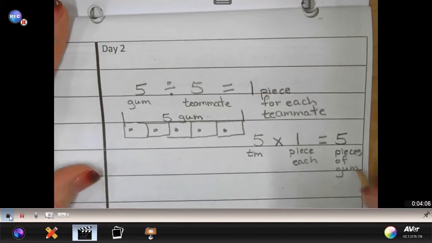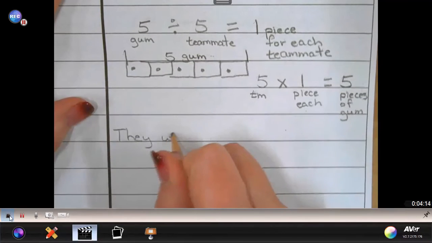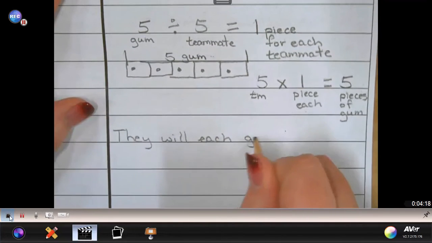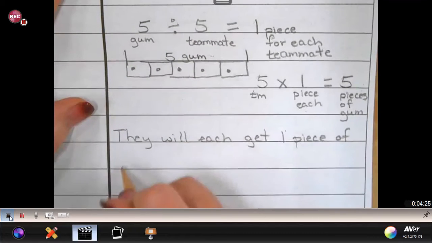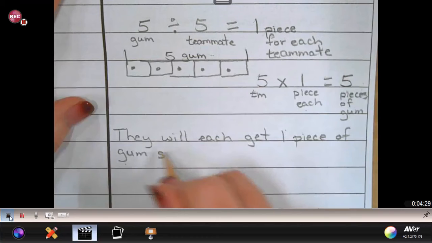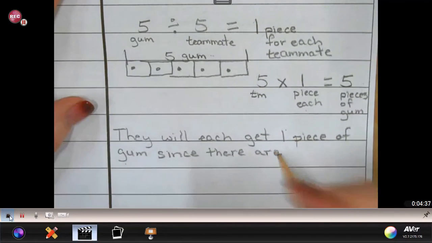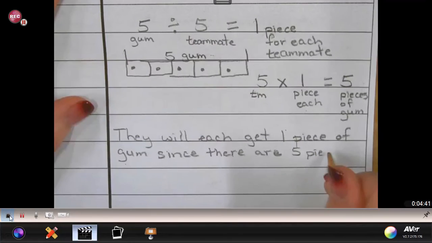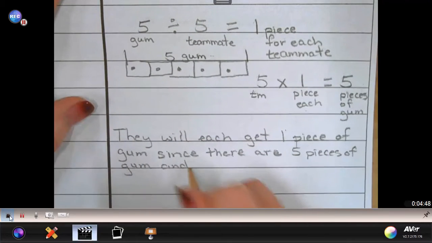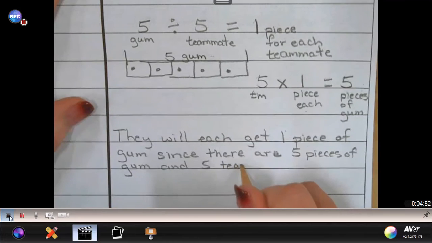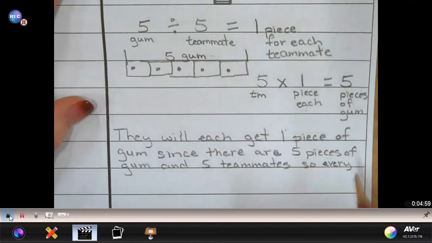So now I can answer using an answer statement. So they will each get 1 piece of gum since, or because, there are 5 pieces and 5 teammates, so everyone gets a piece.